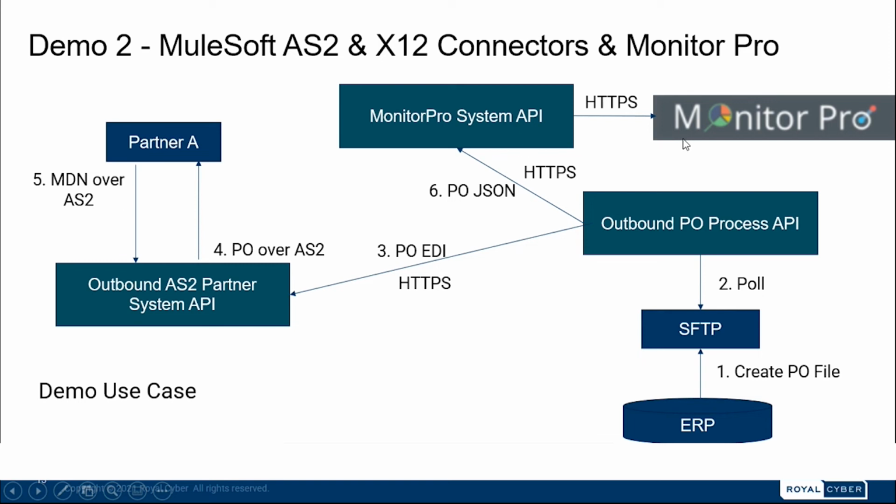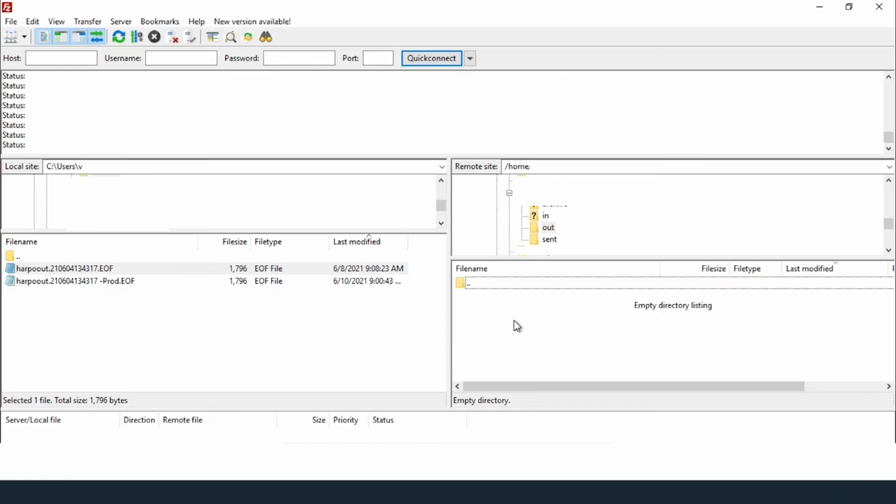So let's see how this works in real. We will drop a purchase order in the SFTP location, and then the Mule APIs send it over to the partner and MonitorPro.